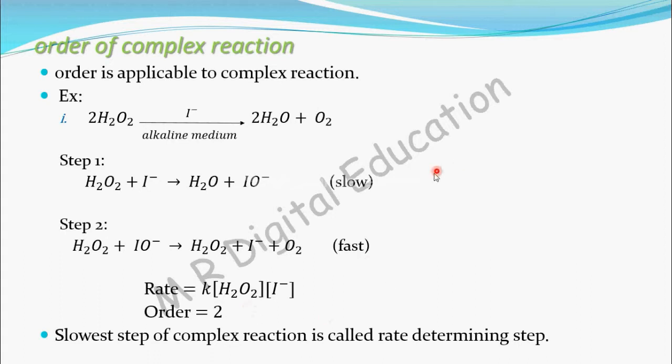Why is rate applicable to the slowest step? Take an example.